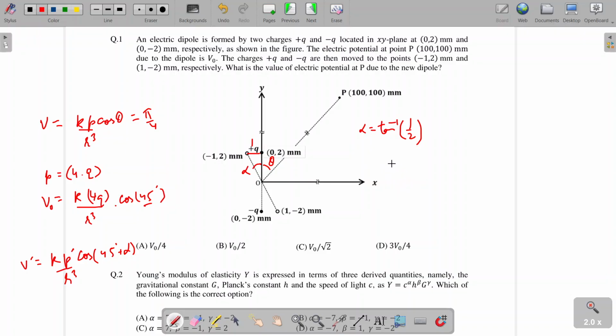So basically what is tan of alpha plus theta? Tan of alpha plus theta we can write as tan alpha plus tan theta divided by 1 minus tan alpha tan theta.